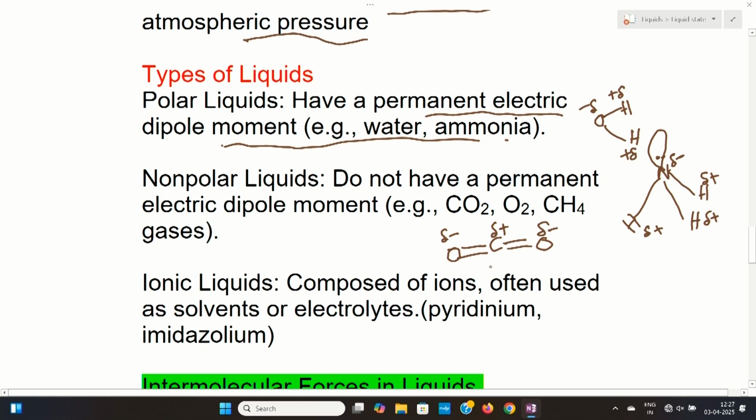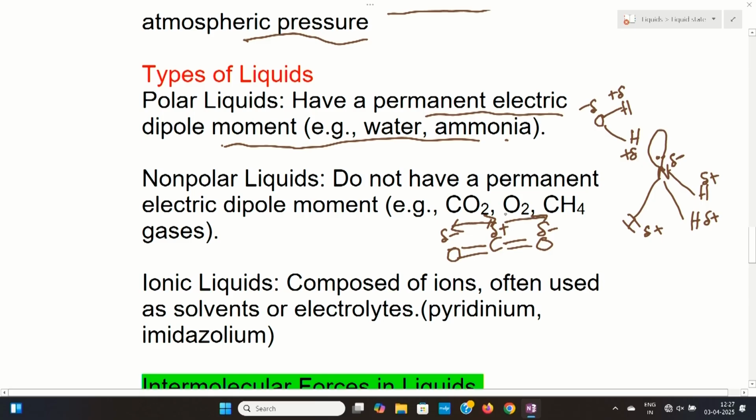But carbon dioxide has a linear structure. Because of this linear structure, the dipole moments cancel each other, and the dipole moment will be 0. That is why carbon dioxide exists as a non-polar liquid.